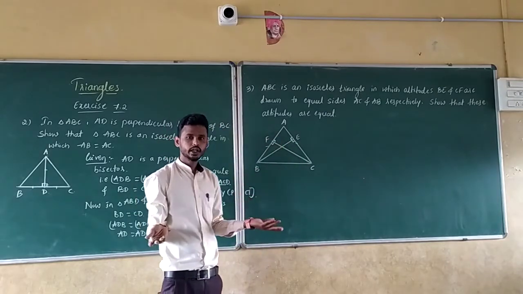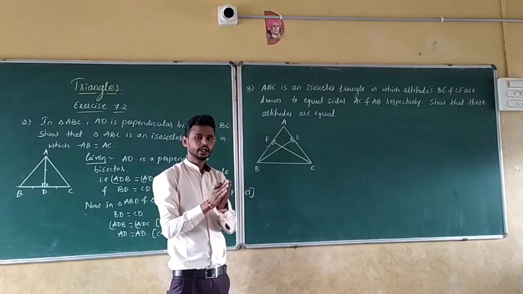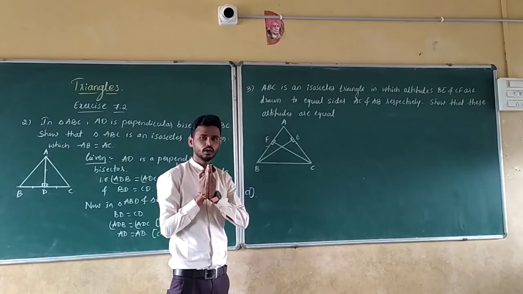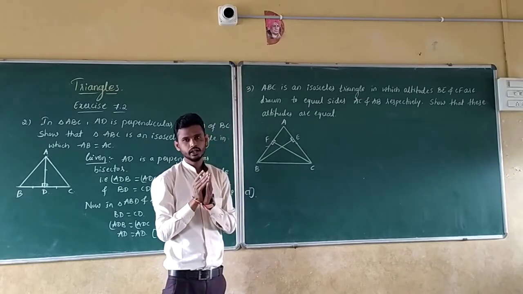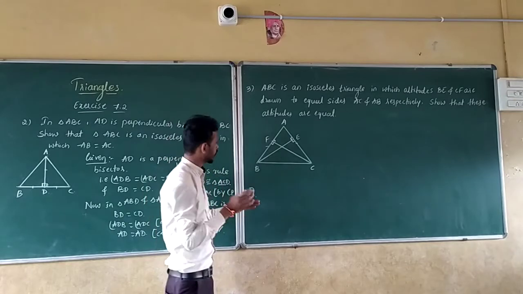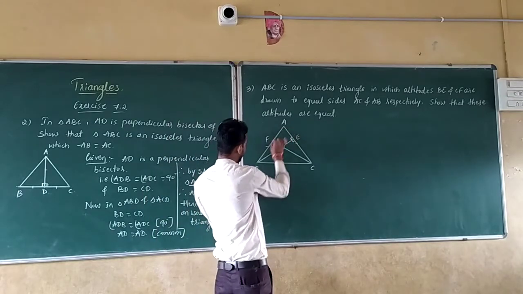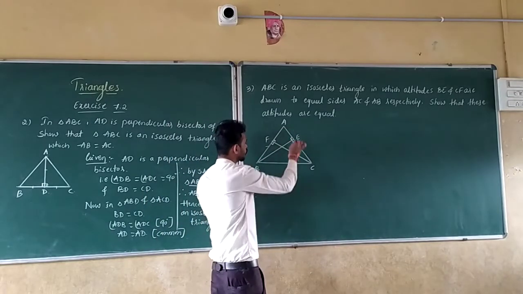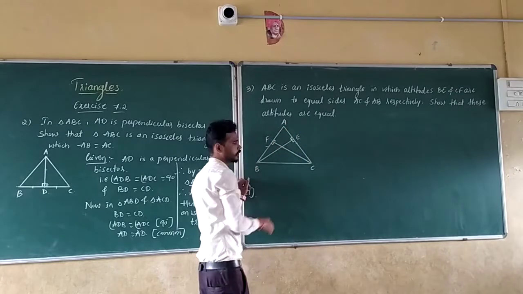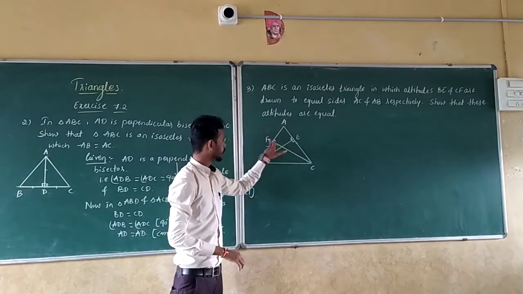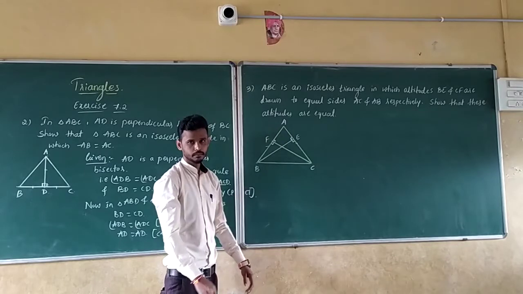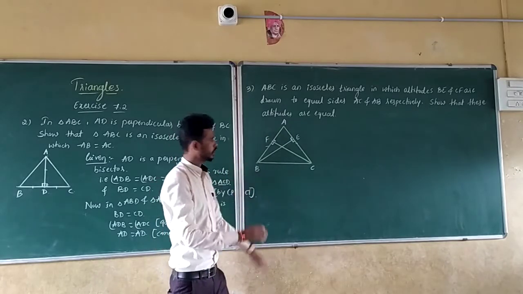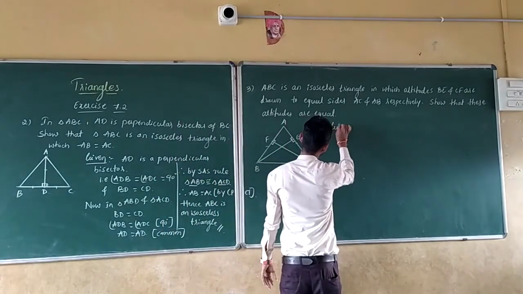So how do we show that? For showing any two terms are equal, we need to show that two triangles are congruent. So let us show that triangle ABE is congruent to triangle ACM. Then automatically we get BE equals CM. Before that, first write the given.